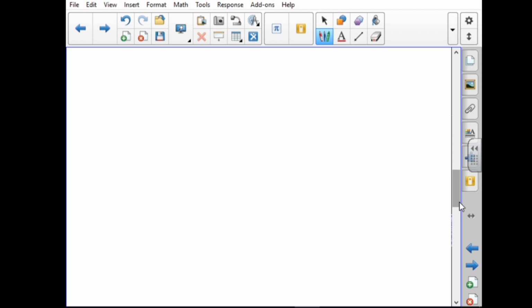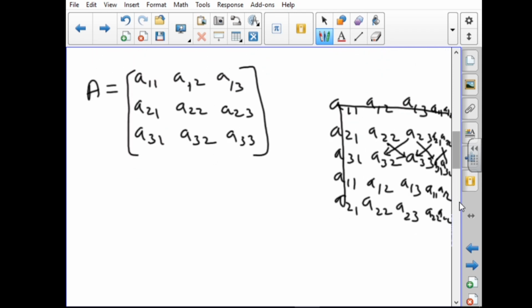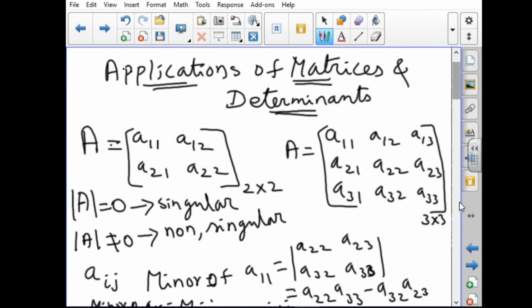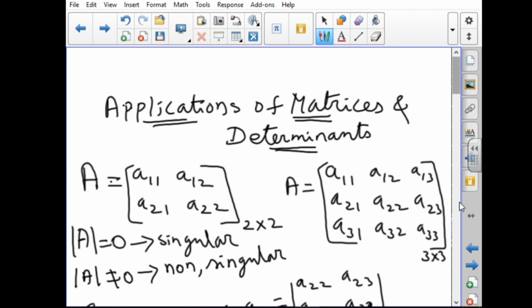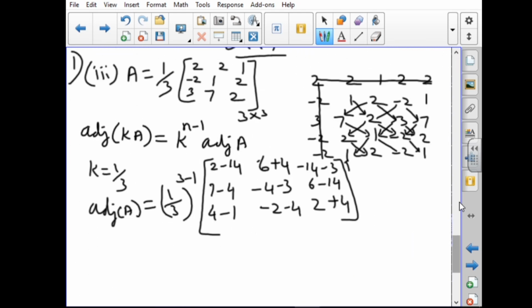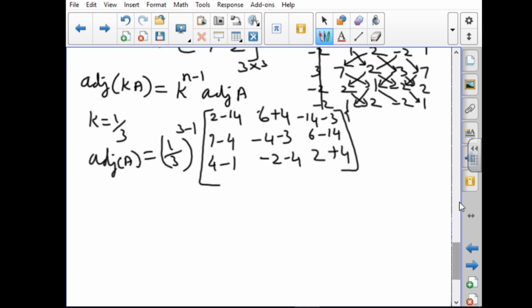Therefore it is equal to 1 by 3 the whole square.